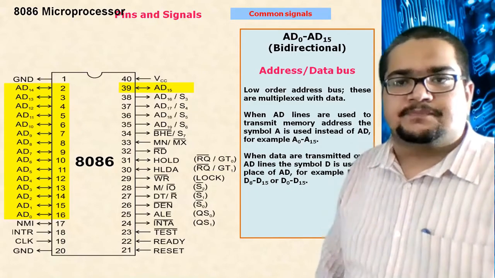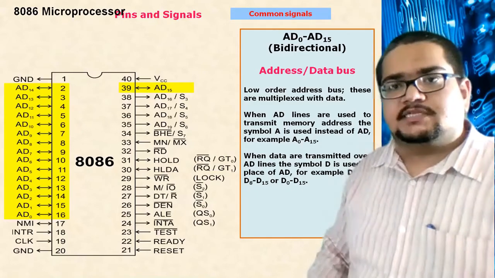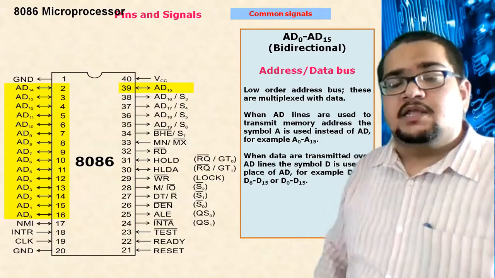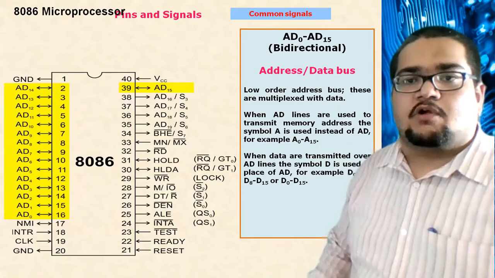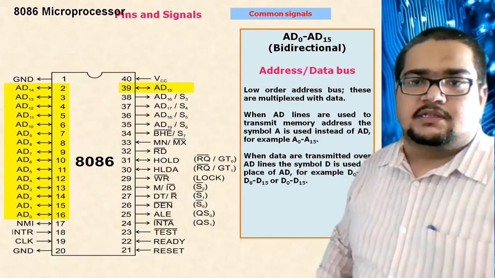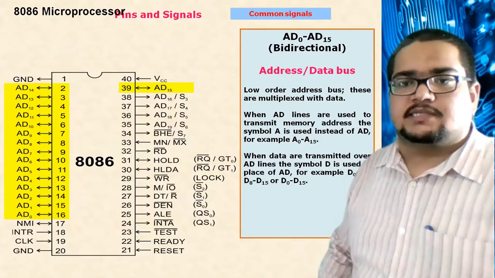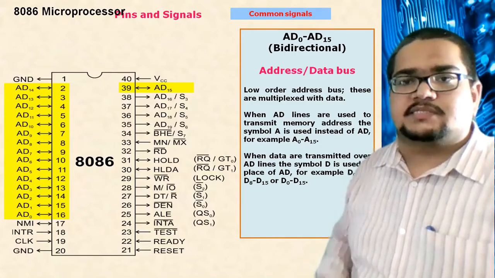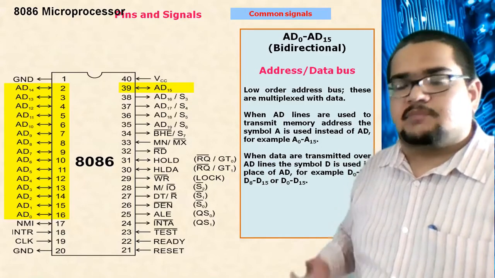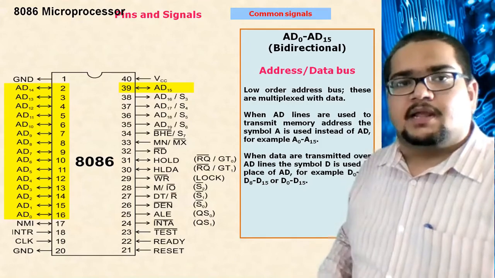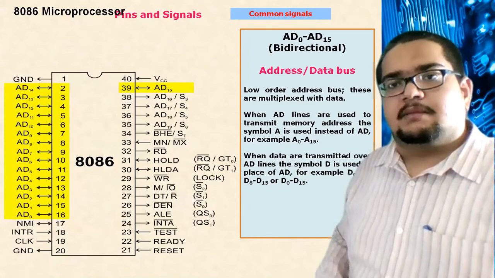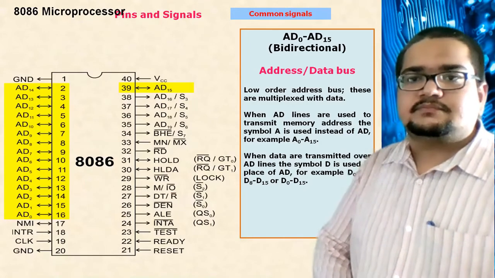Out of that 20, 16 are shared between the address and data. If not, there would have been different address lines and data lines. We would have had 36 of them in total: 20 address lines and 16 data lines. So 16 lines are saved here. Architecture and manufacturing cost, everything is saved, and the resources are efficiently managed and used here.